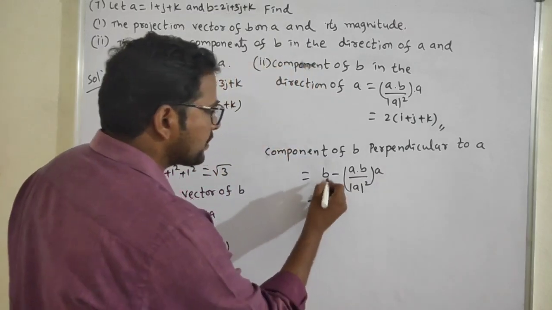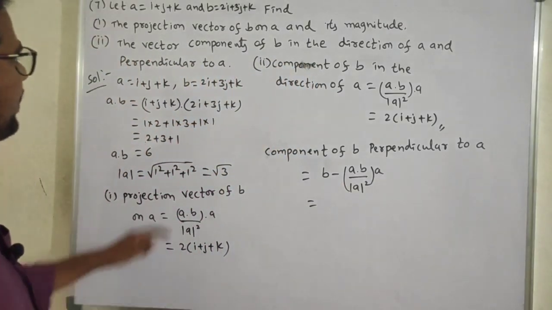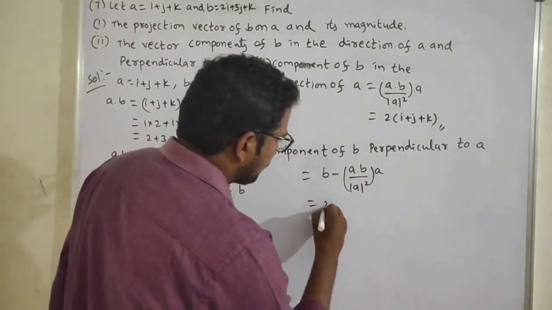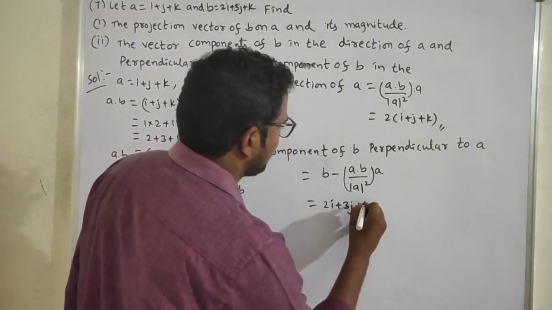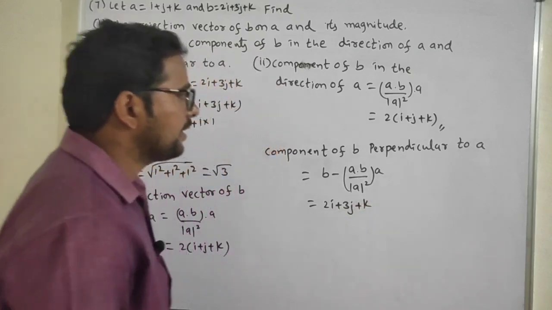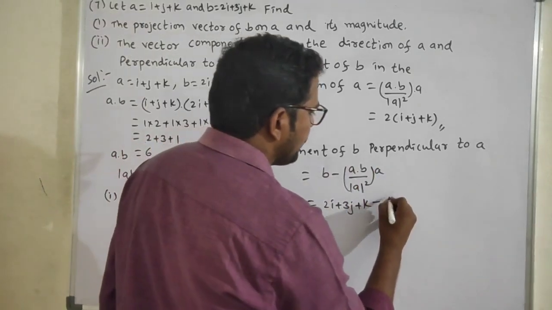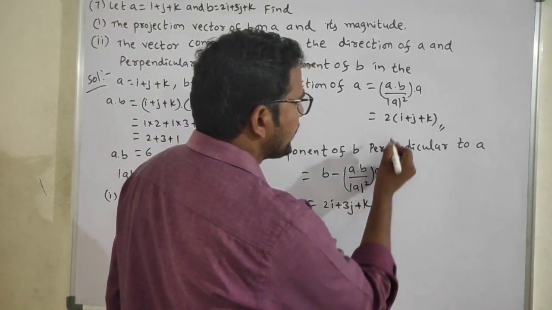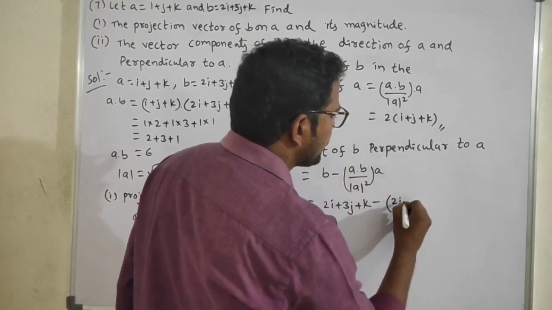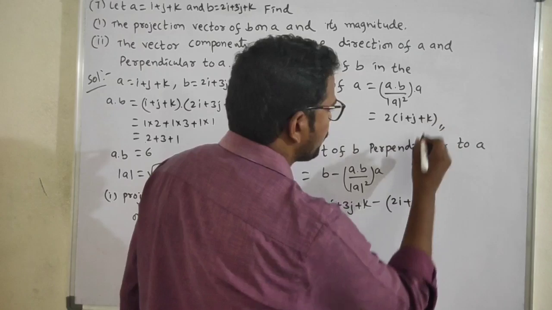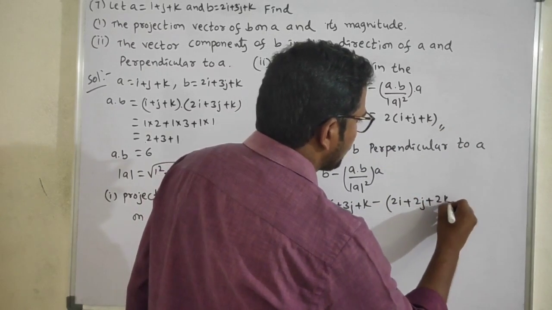So what is the B value? Substitute the B value. B is equal to 2I plus 3J plus K. So 2I plus 3J plus K minus, what is this value? A dot B by mod A square into A: 2 into I, 2I plus 2 into J, 2J plus 2 into K, 2K.